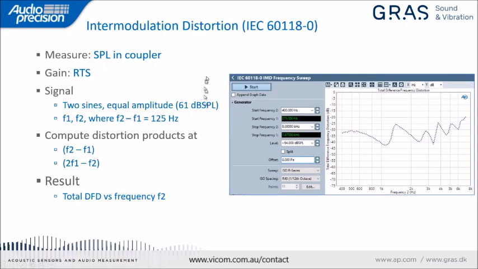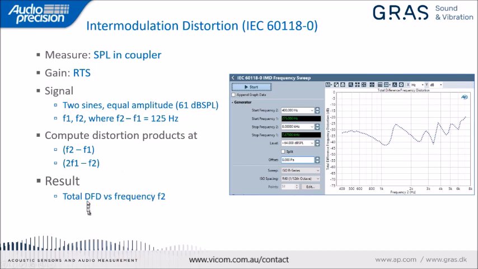Now, as I mentioned, there's an IEC 60118 Part 0 version of this. It's called intermodulation distortion, but it's essentially the same thing. The level is slightly different. The two signals are at 61 dBSPL instead of 62. Same difference frequency, but in this case, F2 is the higher of the two frequencies. And this one only has two distortion products, F2 minus F1 and 2F1 minus F2.